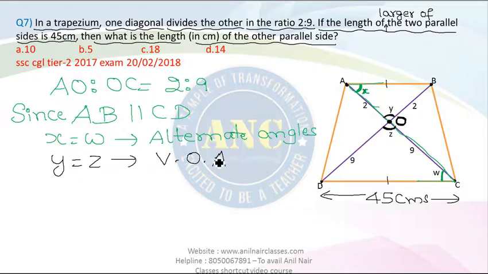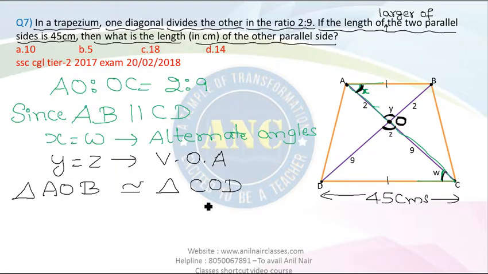Because this angle is equal to this angle and angle X is equal to angle W, I can say that triangle AOB, the upper triangle, is similar to the lower triangle COD. If two triangles are similar, then their corresponding sides are proportional. That means in triangle AOB I will take AB, and in triangle COD I will take the base CD.